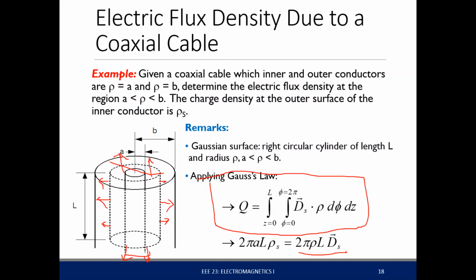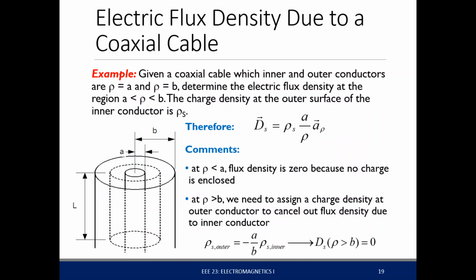It's equal to the surface charge density on the inner conductor, rho s, multiplied by the area from 0 to L of this inner conductor right here. That's equal to 2 pi A times L. So you can now solve for D_s. D_s is equal to this expression right here.